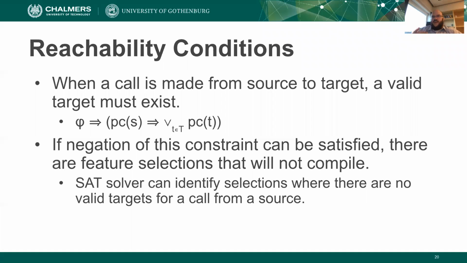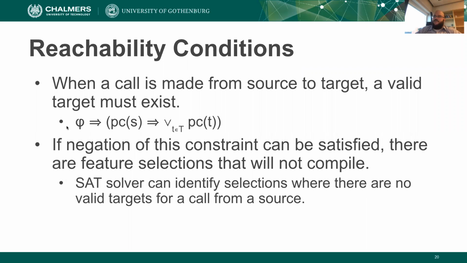Or generically, if we have a feature model, which defines a propositional formula, if we have a presence condition, we have a source element in our code, and we have a set of target elements that are called from that source, then we can formulate a generic constraint, which we call the reachability condition.